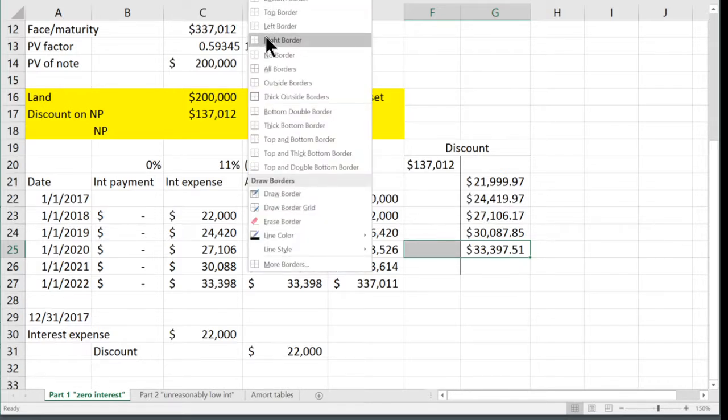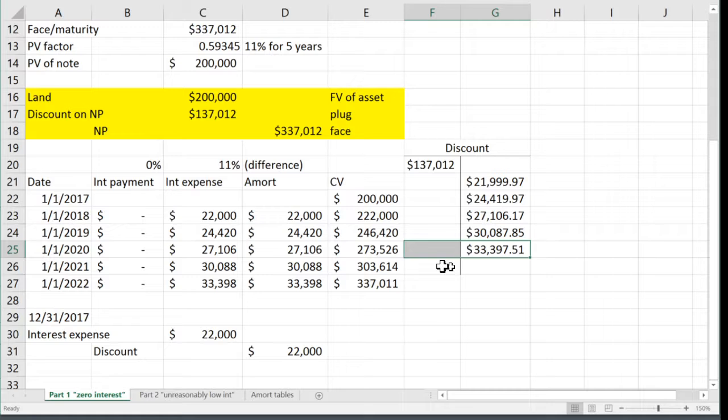We're going to amortize the discount away. Sorry, I'm talking and typing at the same time. And if we take this minus the sum of these, within rounding error we'll make our discount go away. So it's 53 cents off. Please forgive me on that. But you see what's going on here.